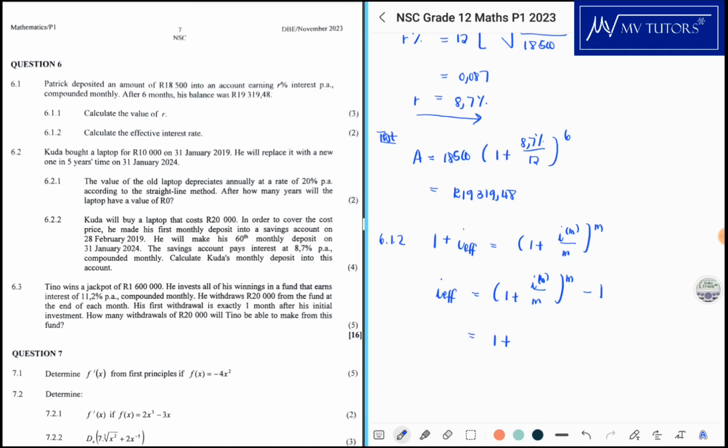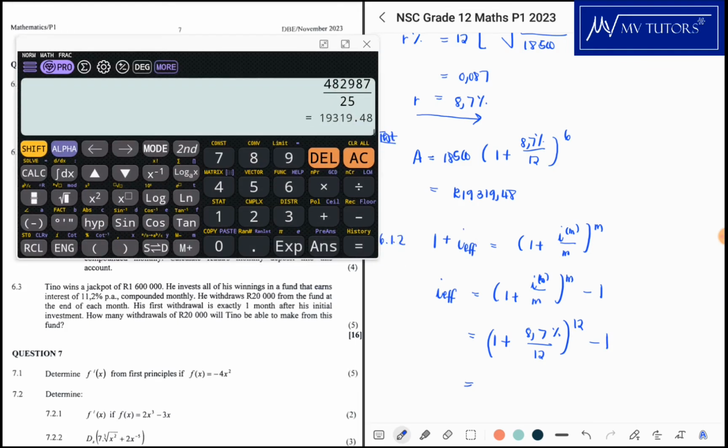So we have 1 plus the effective interest rate, no, not the effective, the nominal is 8.7% divided by 12, to the power 12, minus 1. And now let's see. All right, so we have 1 plus 8.7 divided by 100, and then divide by 12, and then to the power 12.